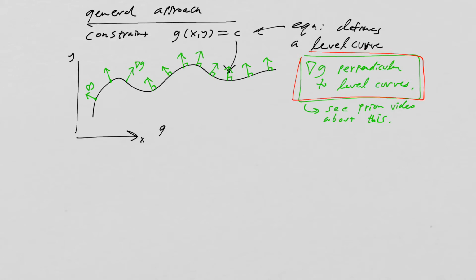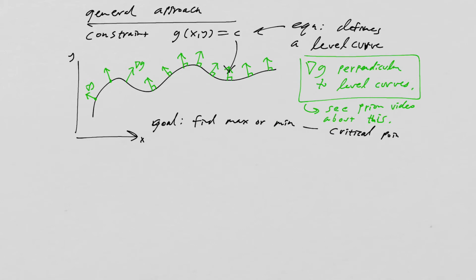Okay, so one more fact. Of course, our goal here is to find a maximum or min, what we call a critical point, of a different function, z is equal to f of x comma y, right?